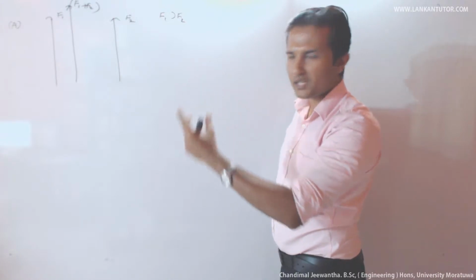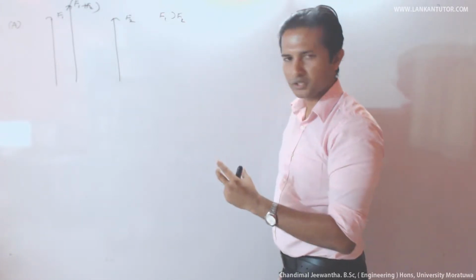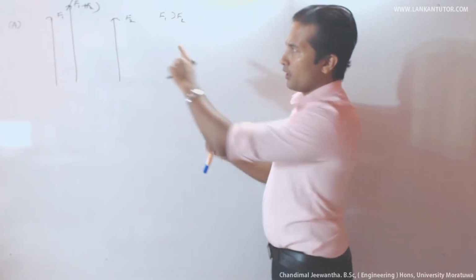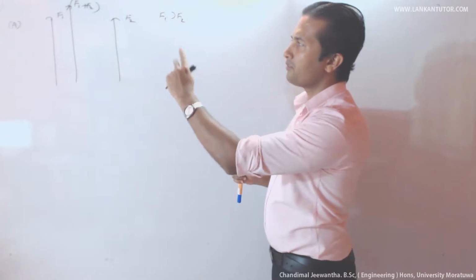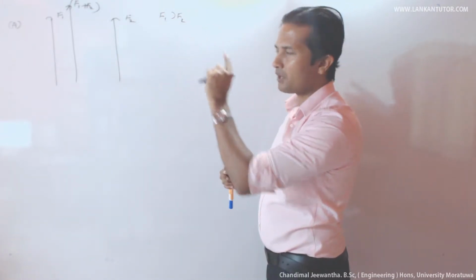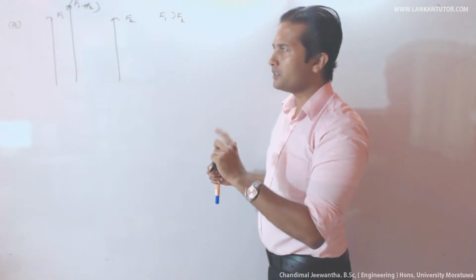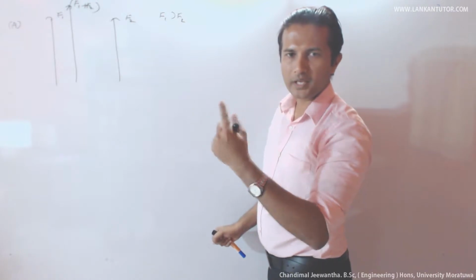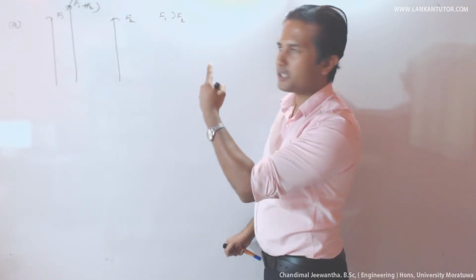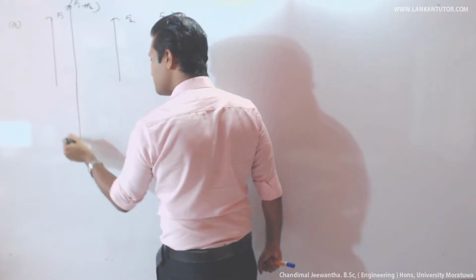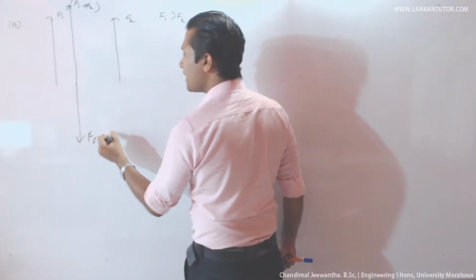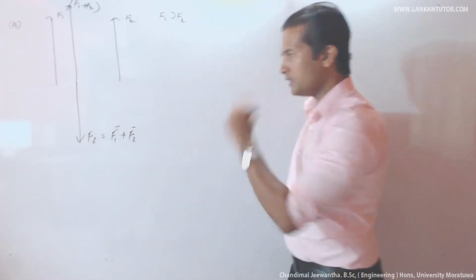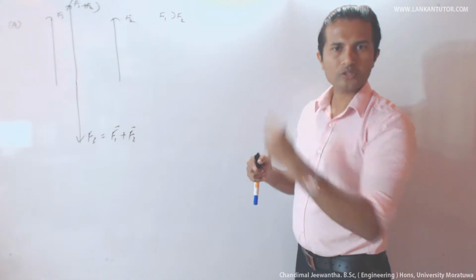So according to the previous theory, what happens? We got the resultant of these two forces as F1 plus F2, which means if there is a force like F3, it should be opposite to the resultant of these two, which means F3 is just like this, and the magnitude of that is equal to the addition of those forces.